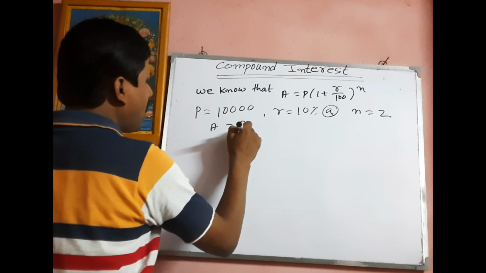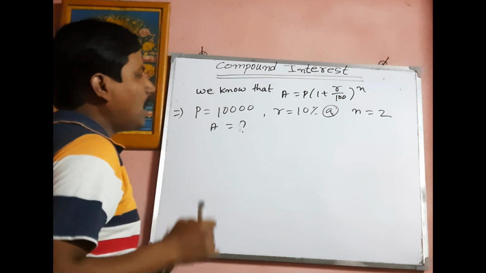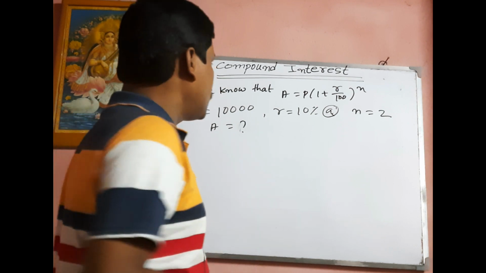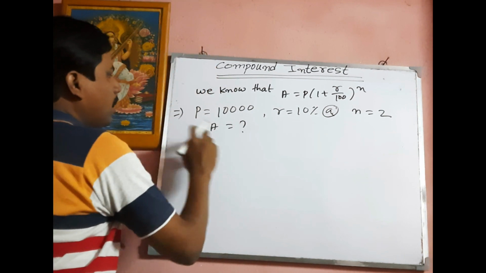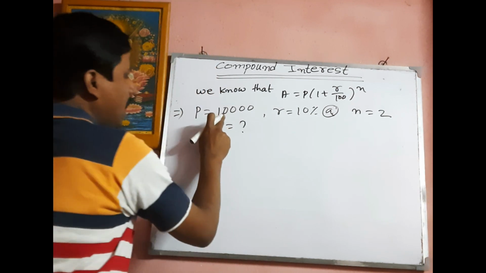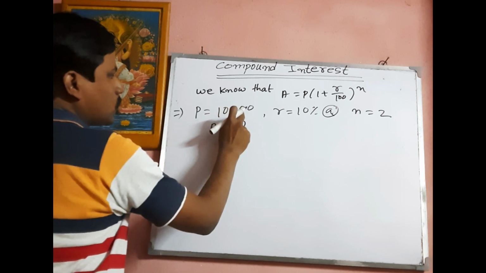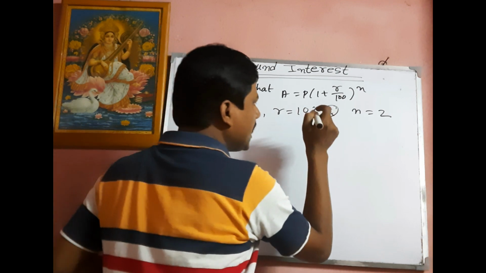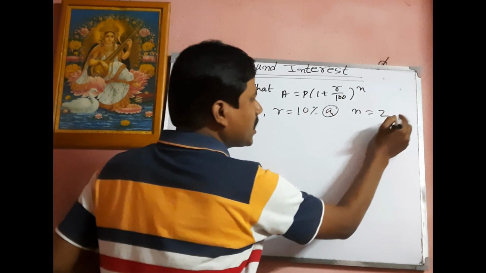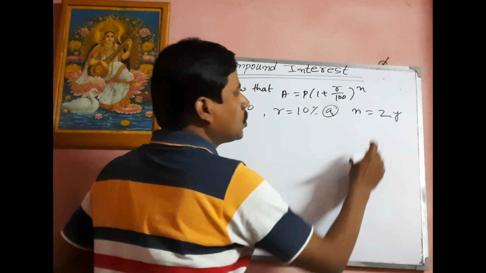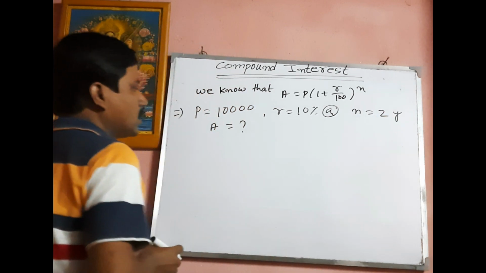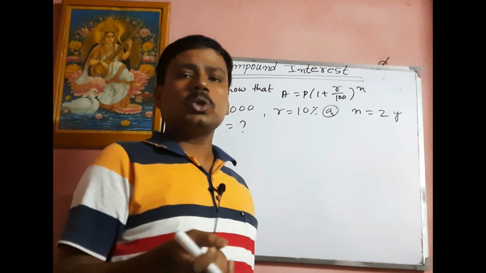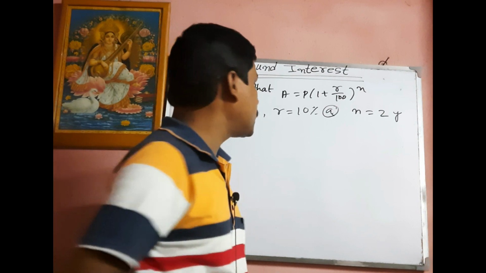So this is the first example of the day, when P is equal to 10,000, R is equal to 10% in a year, and n is equal to 2 years. Then find the amount of such principal.